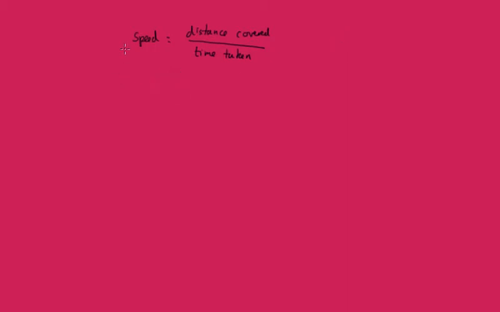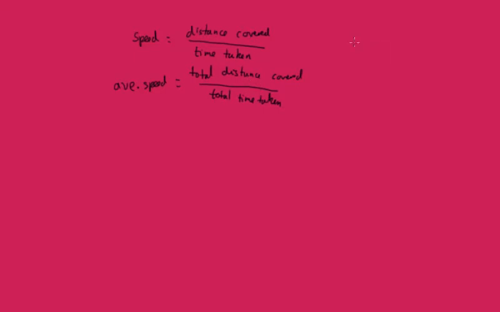Now, obviously, when you're driving in a car, you're not going at a constant speed, so we would often think of average speed equals the total distance covered over the total time taken.